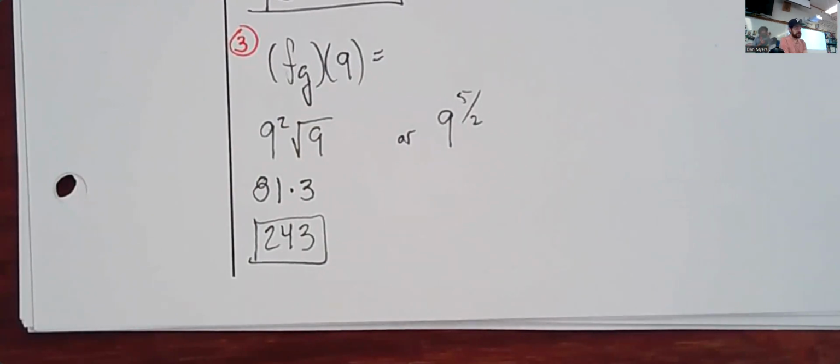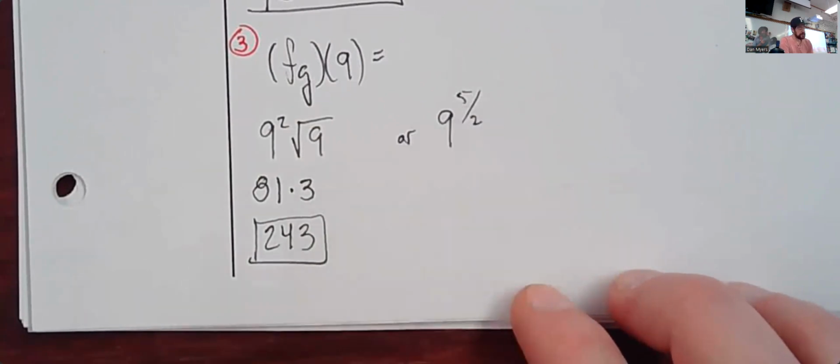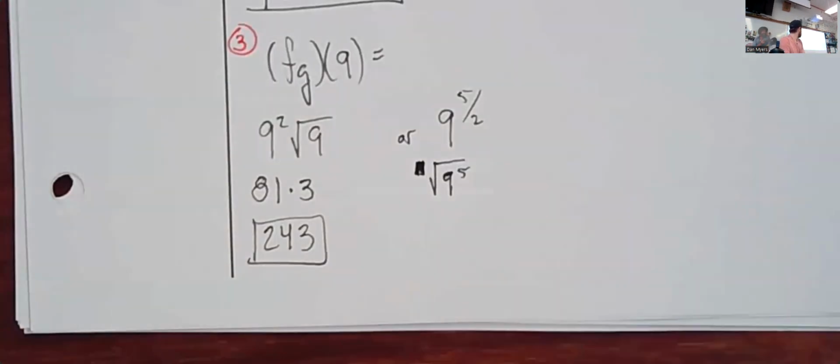And then over here, this is the square root of 9 to the 5th power, which is equal to 3 to the 5th power.